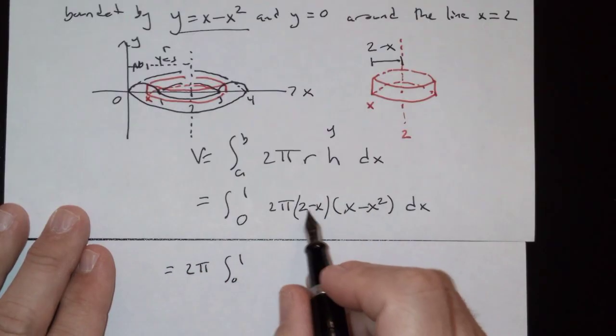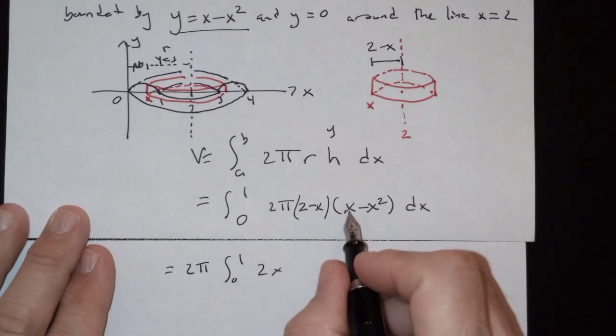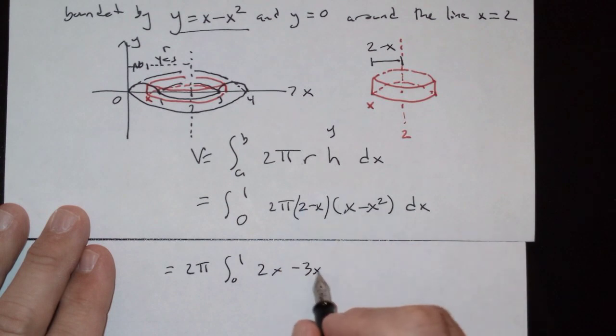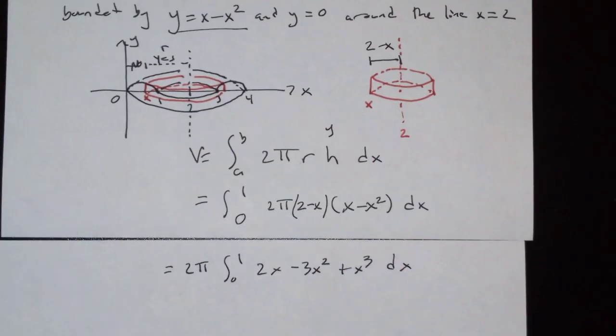Multiply this out. I get 2x minus x squared minus 2 more x squared plus x cubed dx. And I'm back to power rule again. Thank you very much.